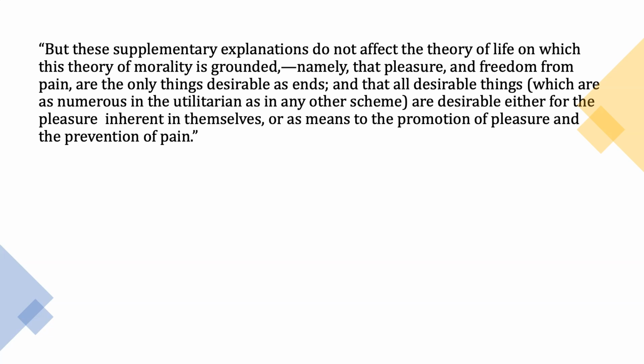But these supplementary explanations do not affect the theory of life on which this theory of morality is grounded, namely, that pleasure and freedom from pain are the only things desirable as ends, and that all desirable things, which are as numerous in the utilitarian as in other schemes, are desirable either for the pleasure inherent in themselves, or as a means to the promotion of pleasure and the prevention of pain.